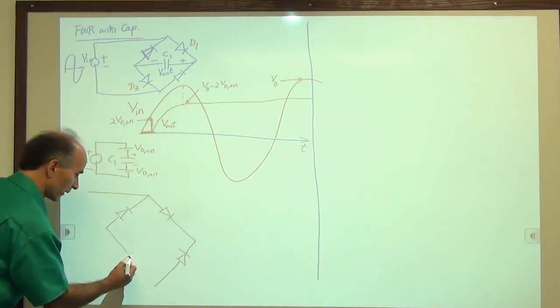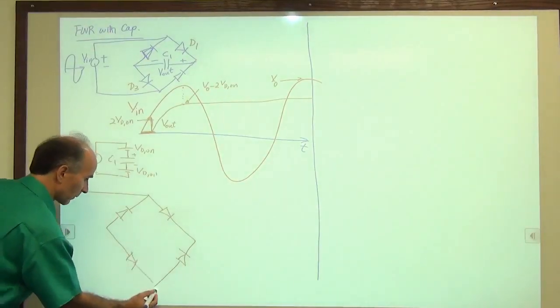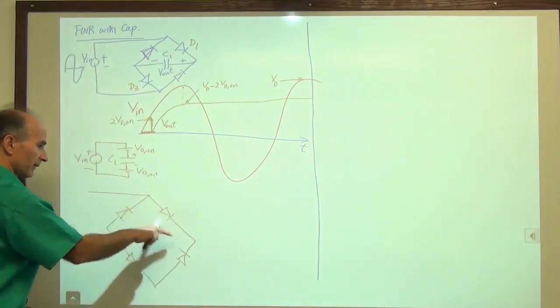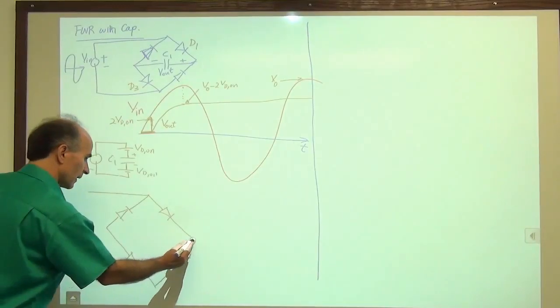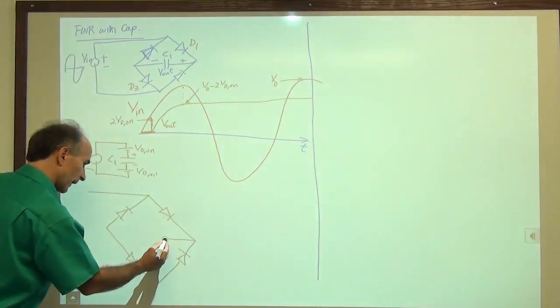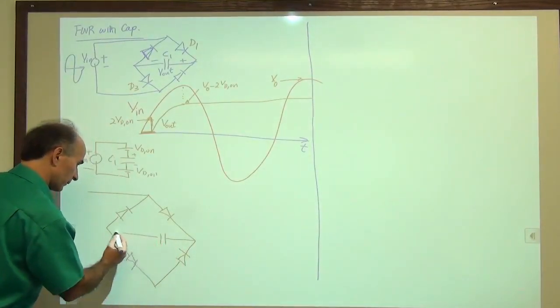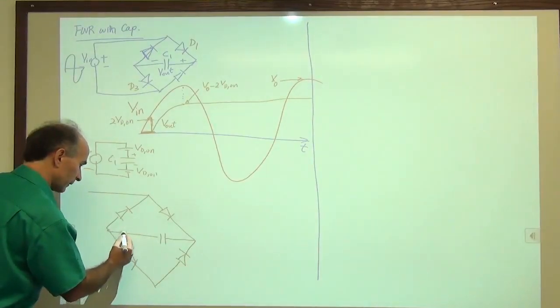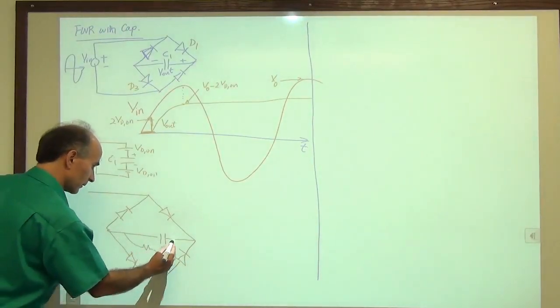We have 4 diodes, and we remember that parallel branches have the same direction for the diodes, and this time we have a capacitor and a resistor in parallel.